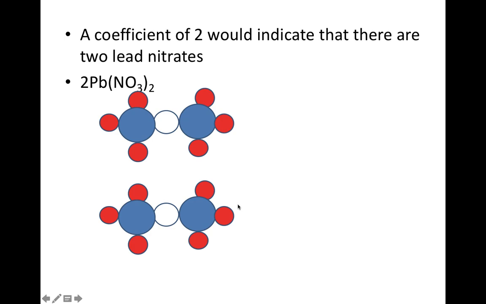A coefficient of 2 would indicate that there are 2 lead nitrates. So you would have to draw 2 of them now. This coefficient 2 doubles everything. So if you can count it for 1, then any coefficient will just multiply all the numbers by the coefficient.